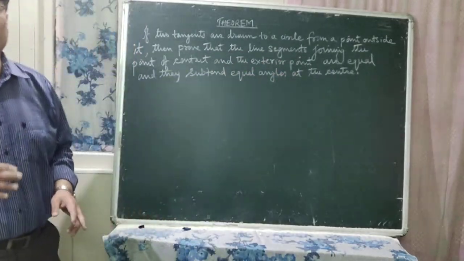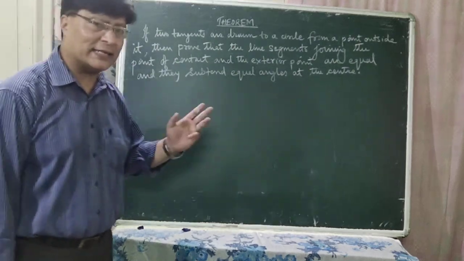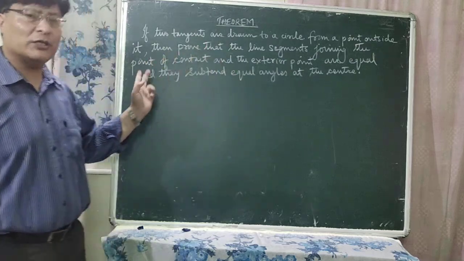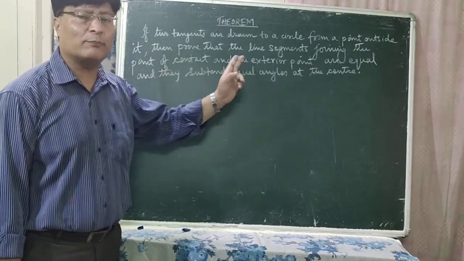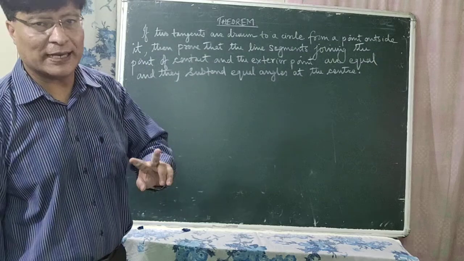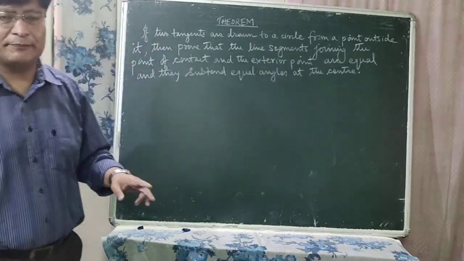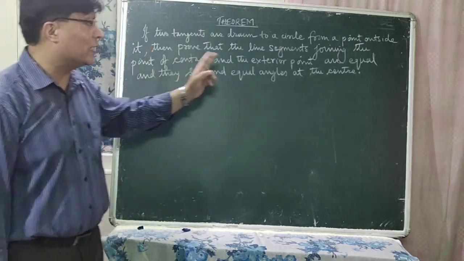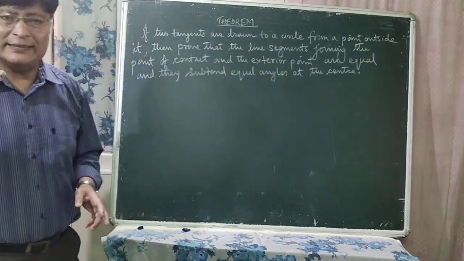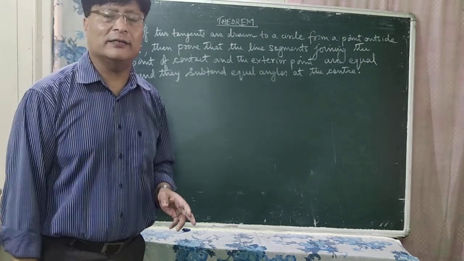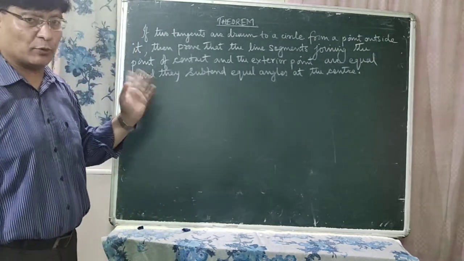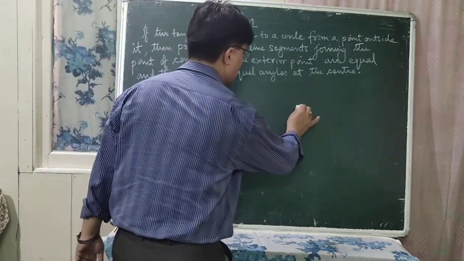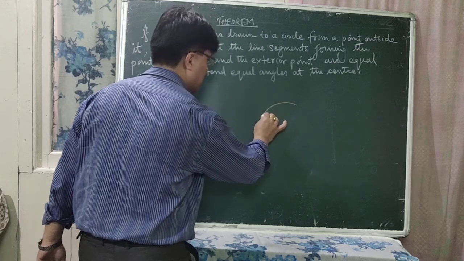You have to prove that the lengths of the tangents are equal, and that they subtend equal angles at the center also. So let us draw the figure now. So this is a circle, right?